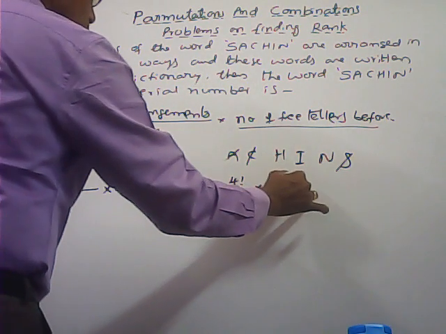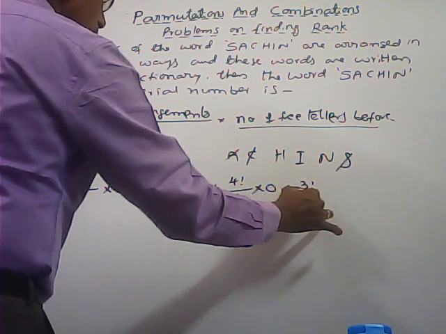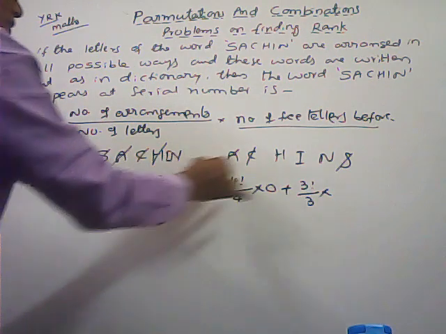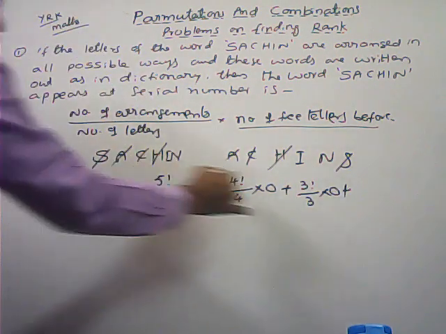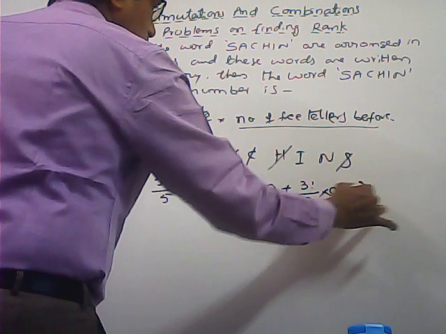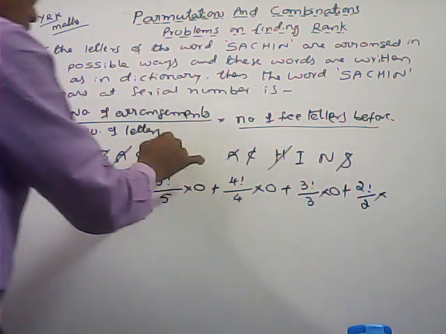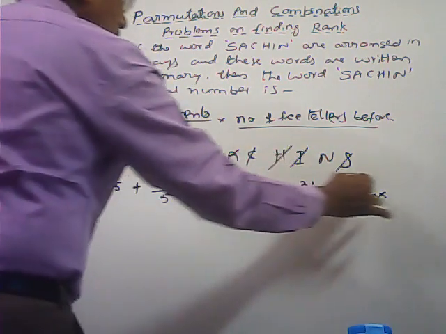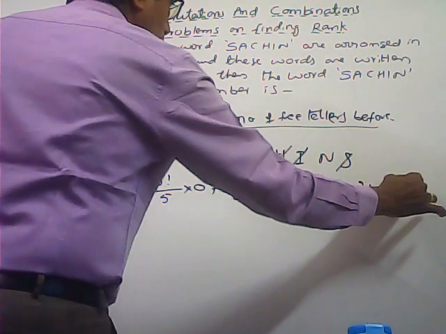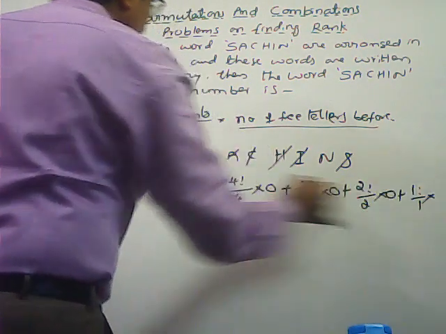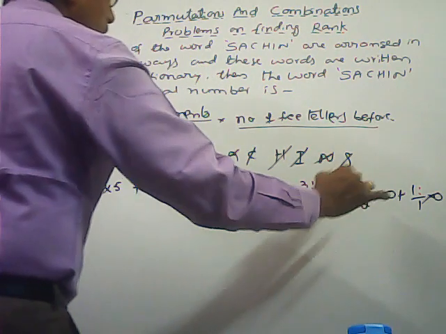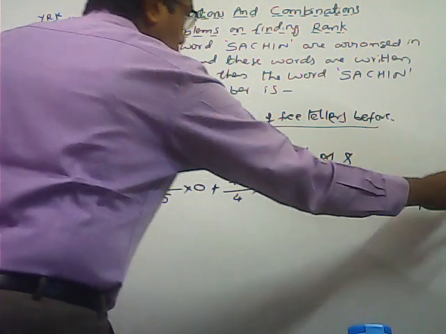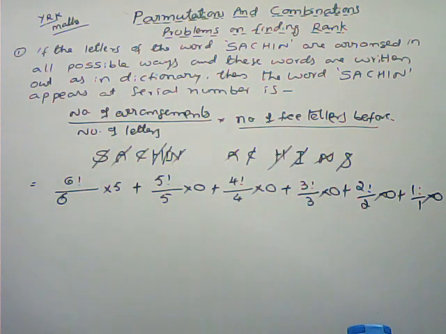Plus 3 factorial by 3 into, I am cancelling H, before H also 0. Next 2 factorial by number of letters 2. If I cancel I, before I 0, plus 1 factorial by 1 into, if I cancel N, before N nothing is there. After completion of the total, you add 1. That is the word Sachin itself.